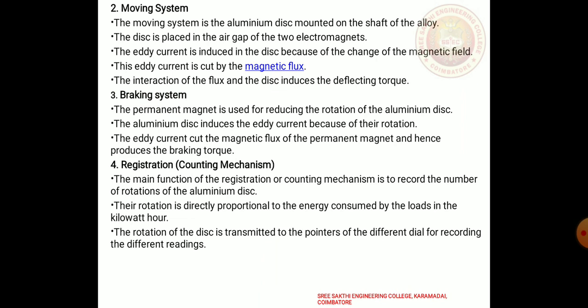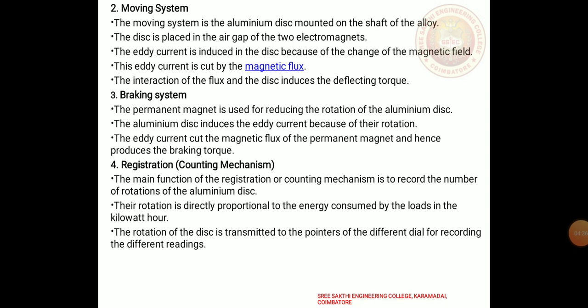The main function of the registration or counting mechanism is to record the number of rotations of the aluminum disc. The rotation is directly proportional to the energy consumed by the load in kilowatt hours. The rotation of the disc is transmitted to the pointers of the dials for recording the different readings.